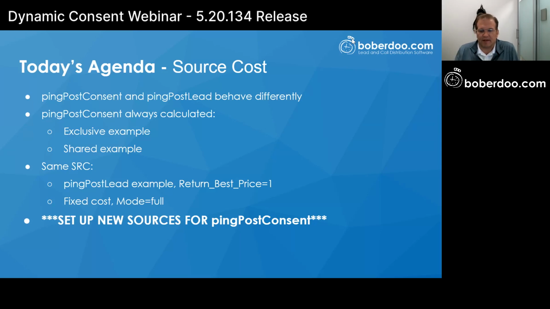If a lead is an exclusive lead, that cost is based off of that one partner and that margin. But if a lead is matched in a shared environment, let's say a partner is selected or three partners are selected, then those margins are calculated off of those three matching partners.